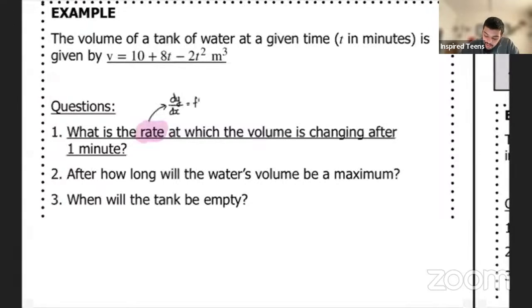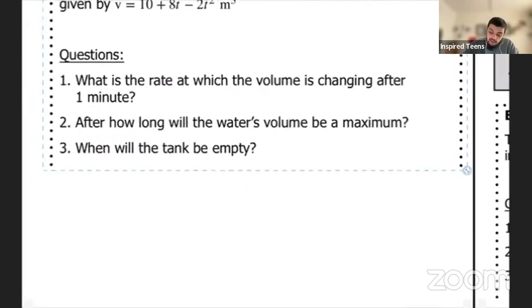Or the first derivative of x. Whenever you hear the word rate, you want to derive first. So we always have to derive. If we want to solve for rate, we derive.